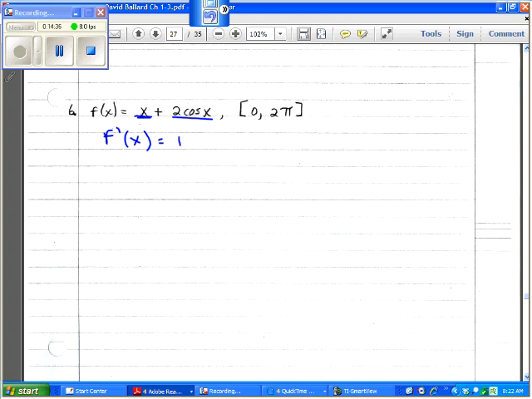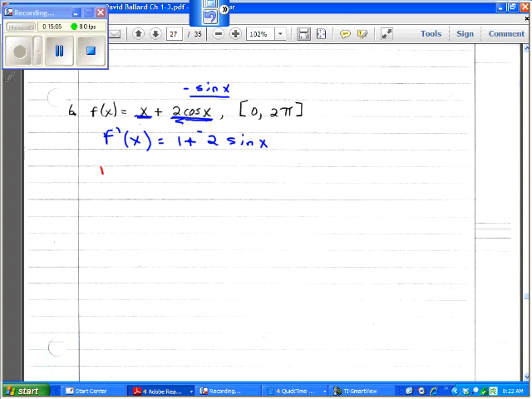Now remember, the derivative of cosine is negative sine, right? But we have that constant 2. So we have 1 plus 2 times the derivative of the cosine, which is negative sine, so the negative pops there on the 2 sine x, right? So 1 plus negative 2 sine x.